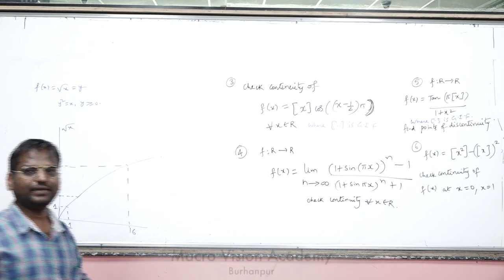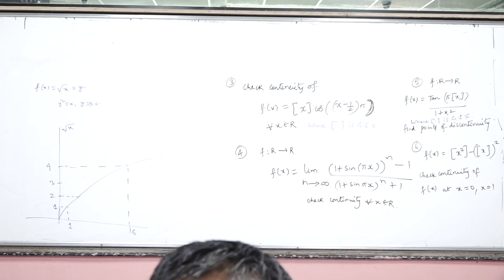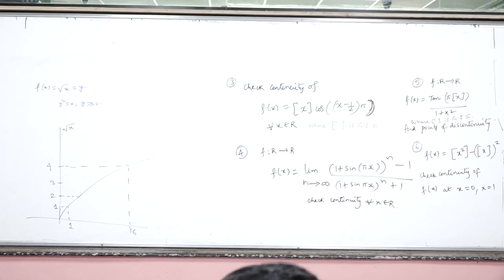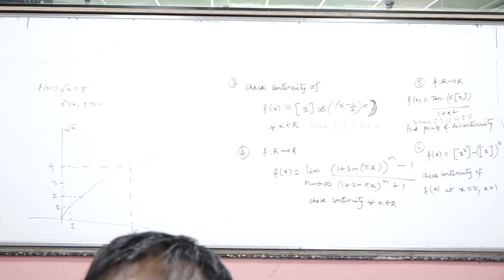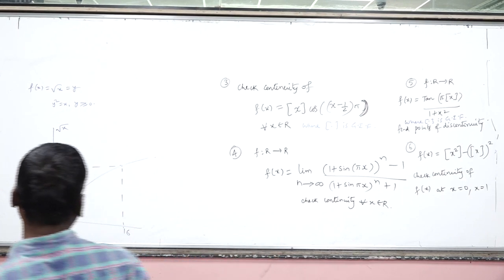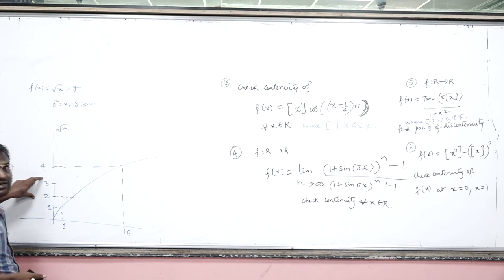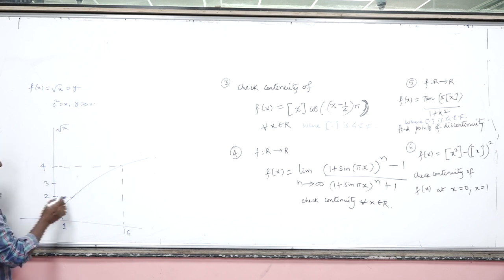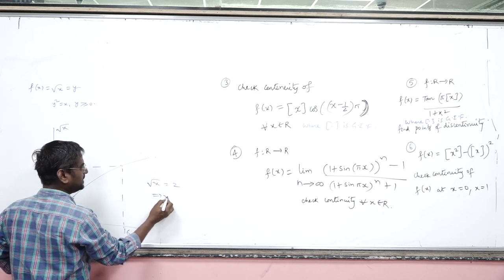We need to identify when this is going to be equal to 2, because for intermediate integers, you can see this is 1, this is 4, so there are 2 more integers. That is how we plot the step graph. So when this is going to be equal to 2, that means my function root x should be 2, that means x equal to 4.